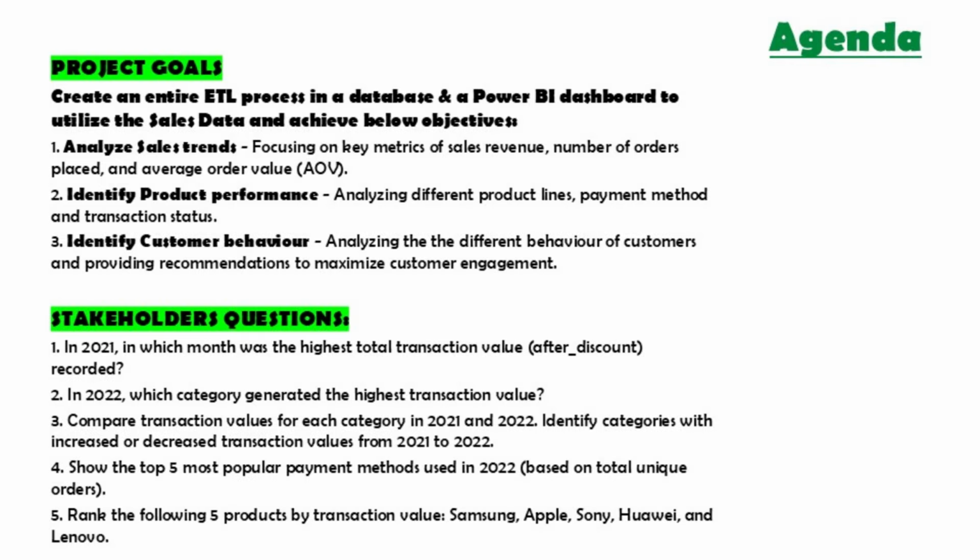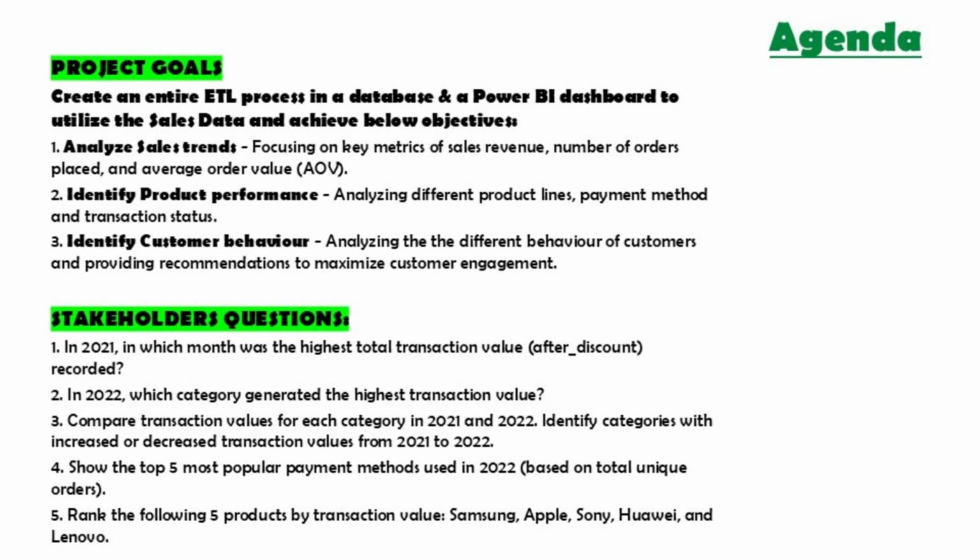For example, I would like to answer: in 2021, in which month was the highest total transaction value recorded? And then in 2022, which category generated the highest transaction value? And then compare the transaction value for each category in 2021 and 2022.